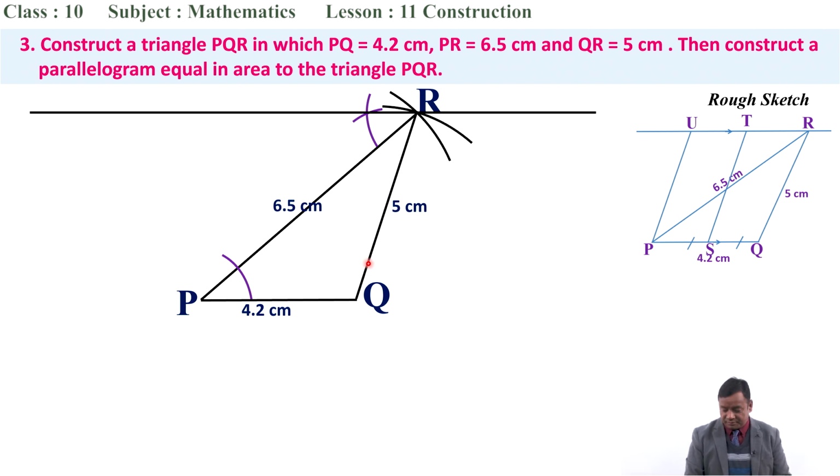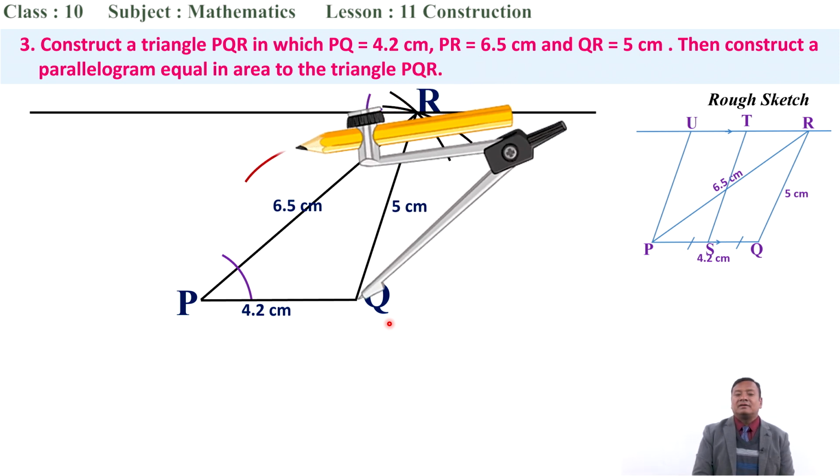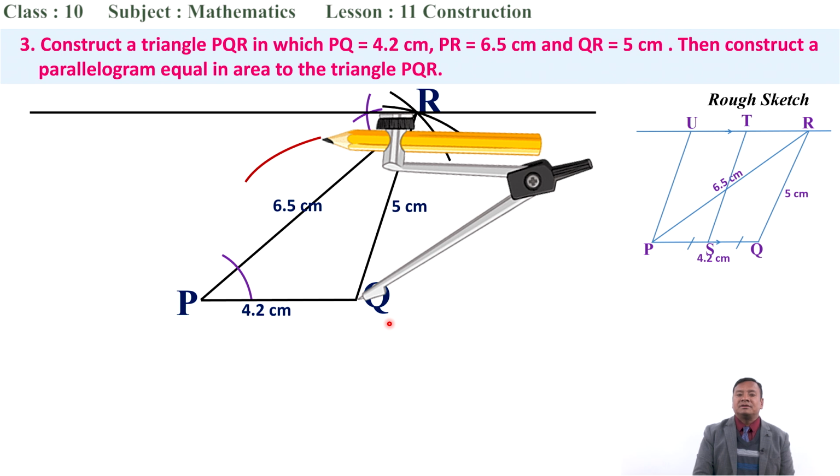And then again we have to find the midpoint, right? For this we have to draw the perpendicular bisector of PQ. Yes, look carefully. As in the previous question, first we have to take an arc. This radius we have to take more than half of the length of PQ.